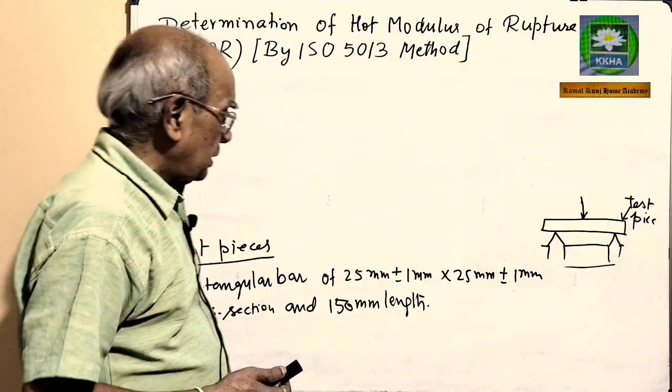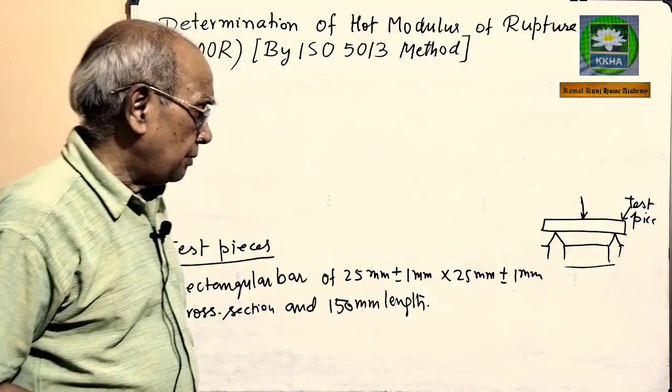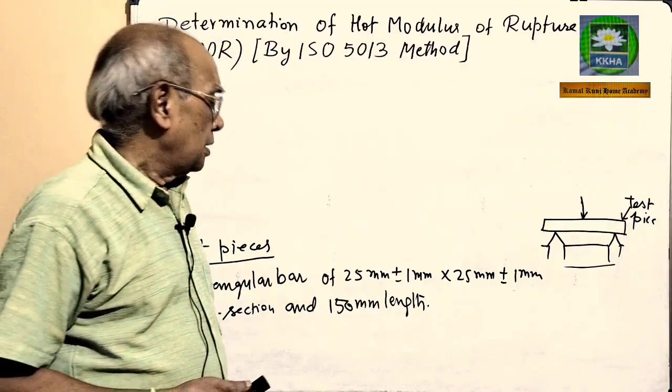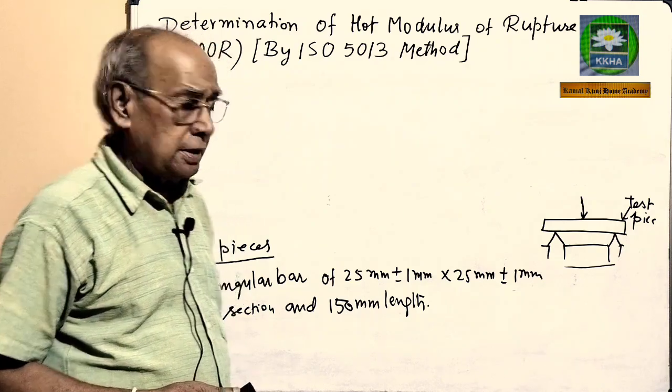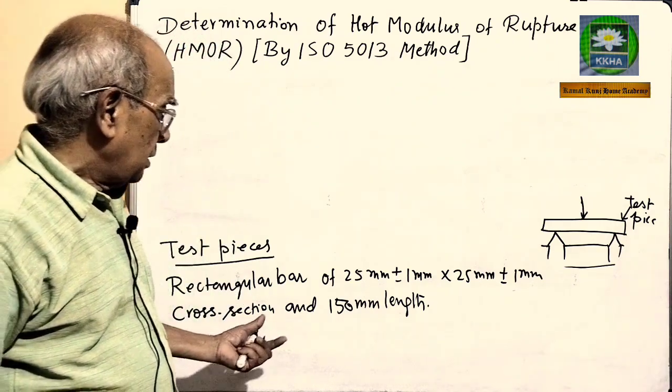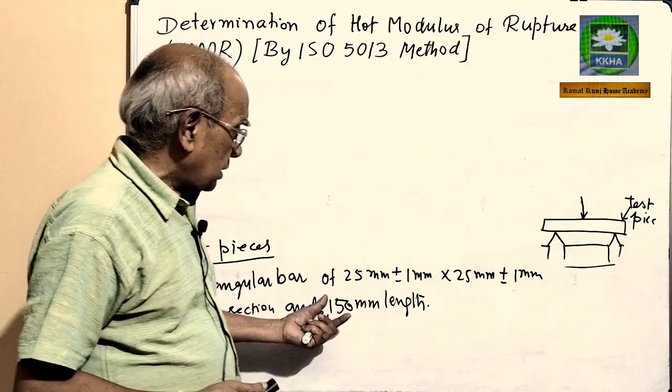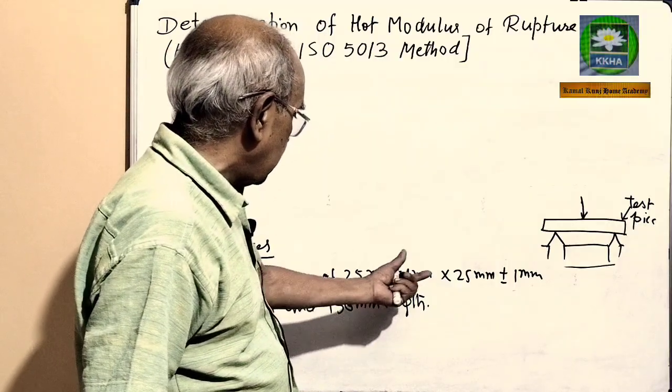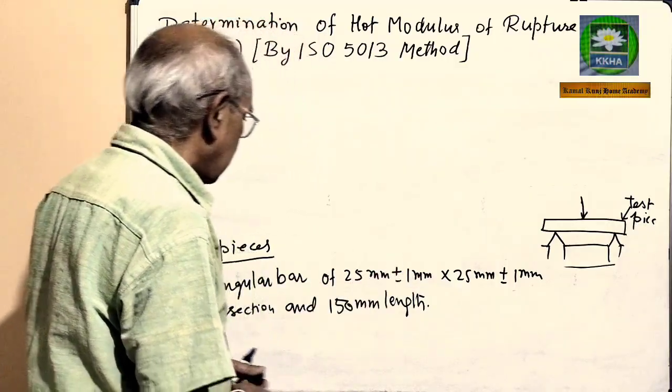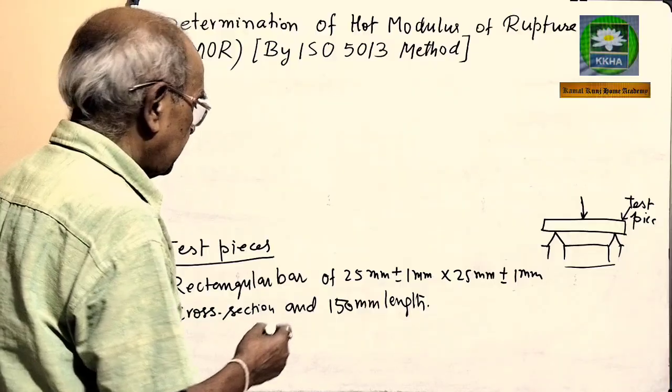And if it is unshaped refractory, for example castables or new generation monolithics, then test pieces are cast in this shape, in molds having these dimensions.